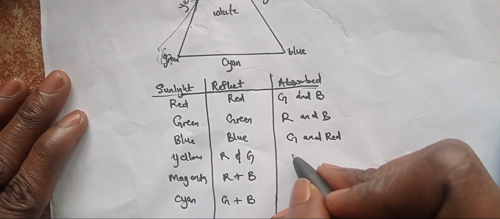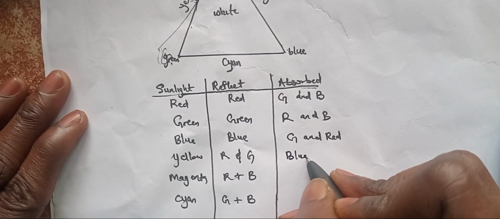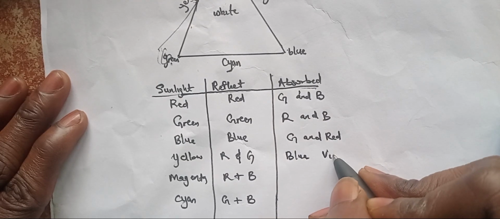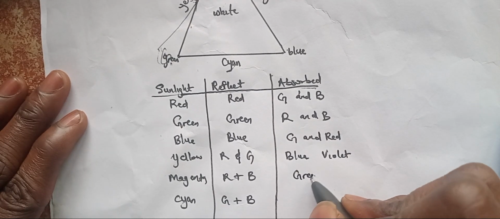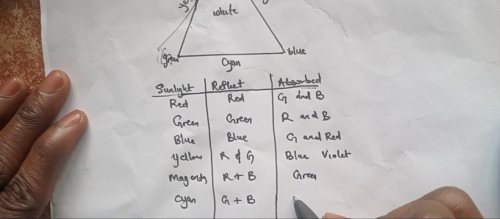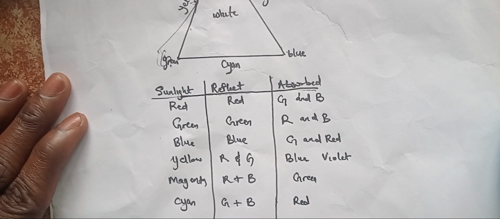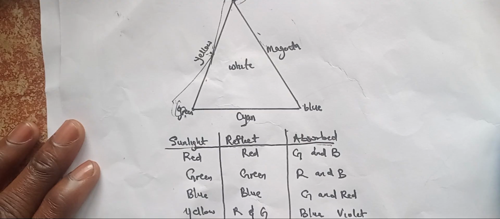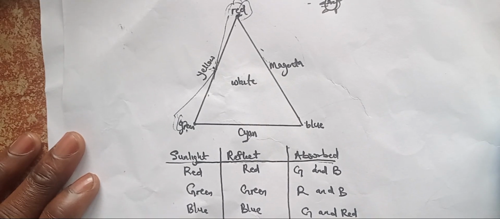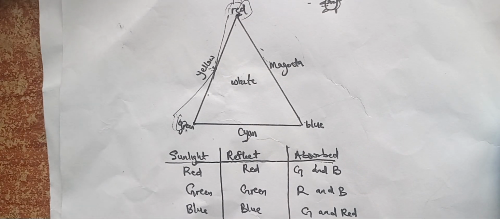So yellow will absorb blue, and sometimes violet also. This one will be green, sorry, and this one is going to be red. So this is how you can determine the spectrum of light, as in the electromagnetic spectrum, or maybe the dispersion of light and color.